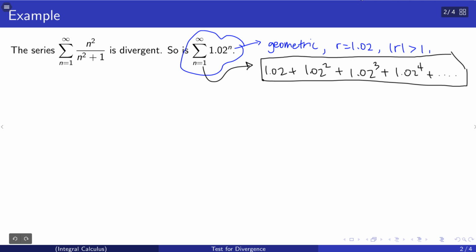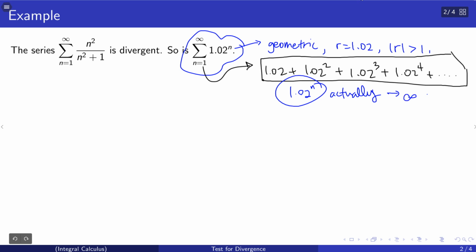What's happening here? Well, as you keep adding more and more terms to your infinite sum, 1.02 to the nth power, what happens to that individual term? It actually goes to infinity. It goes to infinity quite slowly, right?